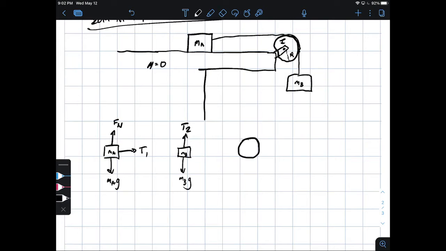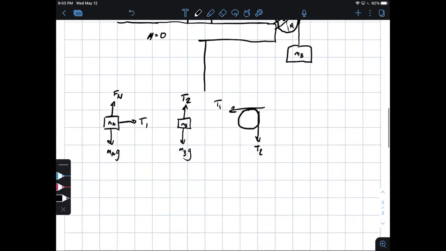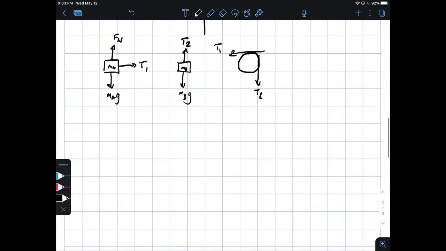So let's go to our pulley. We're going to have T2 down here, T1 going to the right. And we don't actually know which is larger, which is slightly problematic. But that's fine. We'll just say that T2 is larger. So let's assemble our equations.